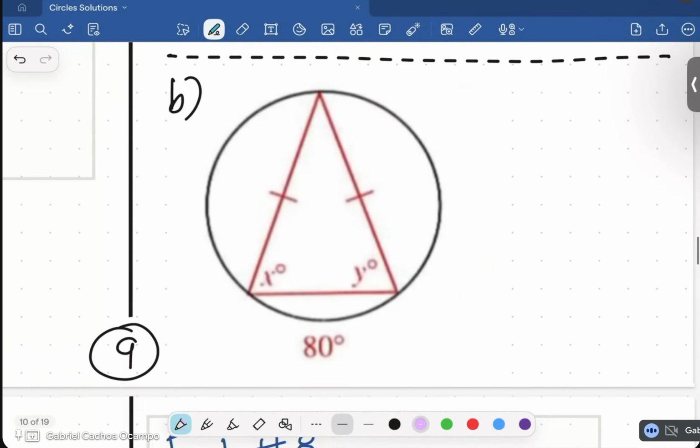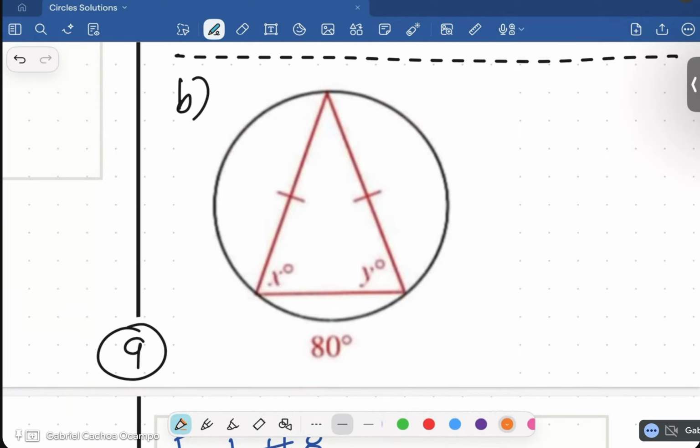Now we're going to start mixing some facts. This is a chord, and this chord is congruent to this chord. One of the first things that we've said is that congruent chords have congruent arcs.